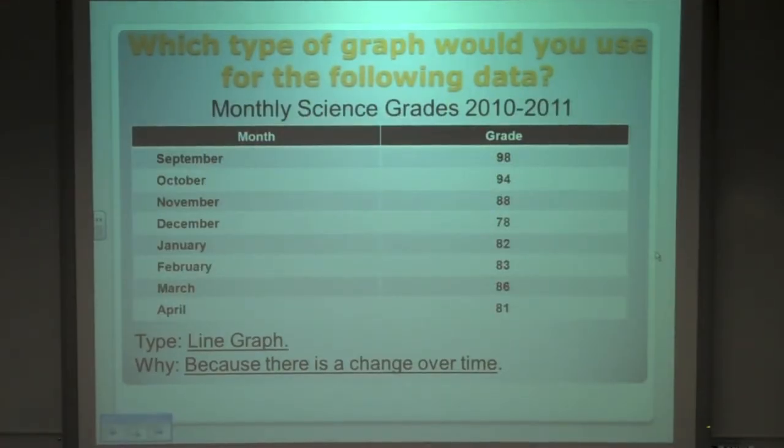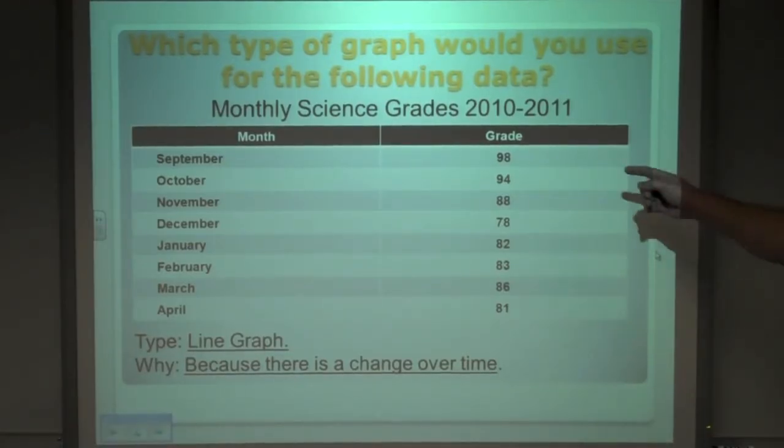Here's another data table displaying some information. Let's analyze this particular data table and figure out what type of graph we would use to display this data. Here I have science grades over a course of several months, September through April. I can see that science grades started off nice and high, 98% for this particular student or class in September.